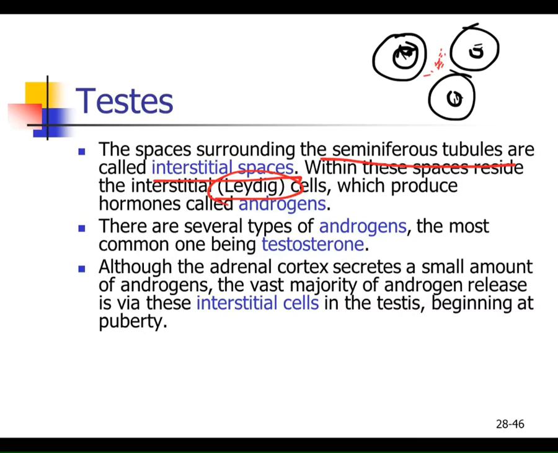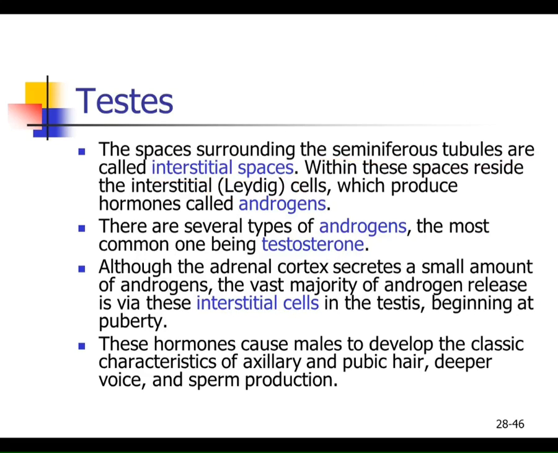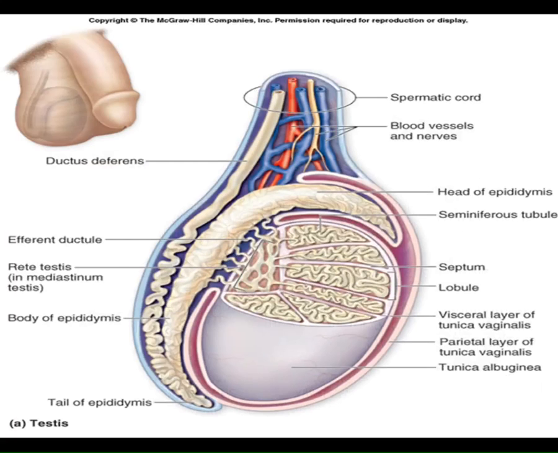These are the testosterone producing cells. So you've got testosterone being produced outside the tubules by these Leydig cells. And that hormone doesn't start being produced until puberty. And of course, puberty is the onset of secondary sex characteristics.